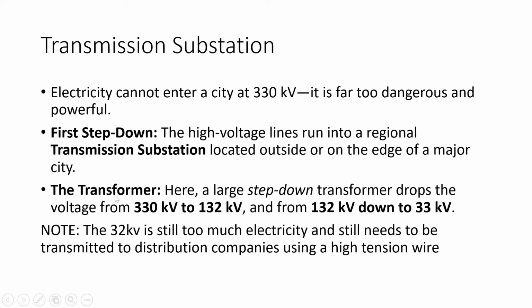Now, a large step-down transformer drops the voltage from 330 kilovolts to 132 kilovolts, and from 132 kilovolts down to 33 kilovolts. So you can see that this transmission substation is also part of the national grid, right?